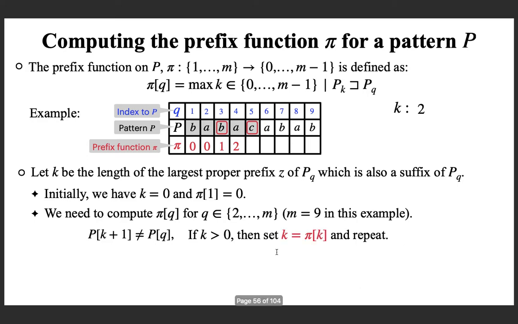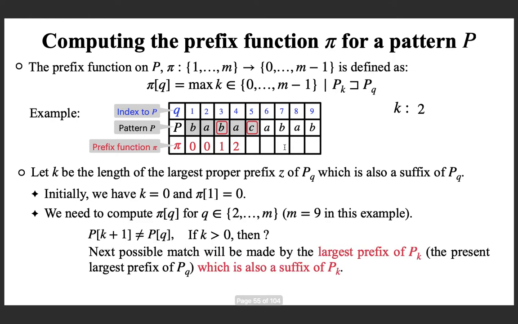Okay, and that is represented by pi k. So what you need is, you need to set k as pi k, because if the present symbol is mismatching with the next symbol after the prefix, then the largest possible prefix is actually BA only, and the length of BA is 2, which is given by pi k. Okay, sorry, the pi q.